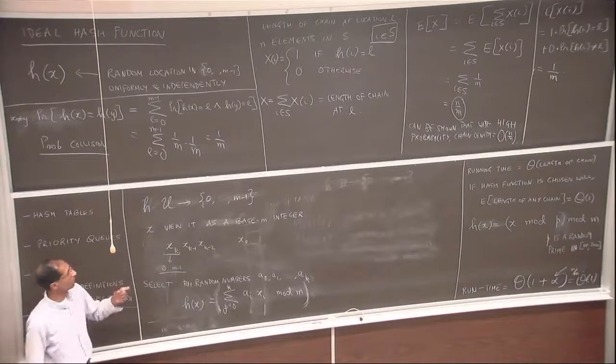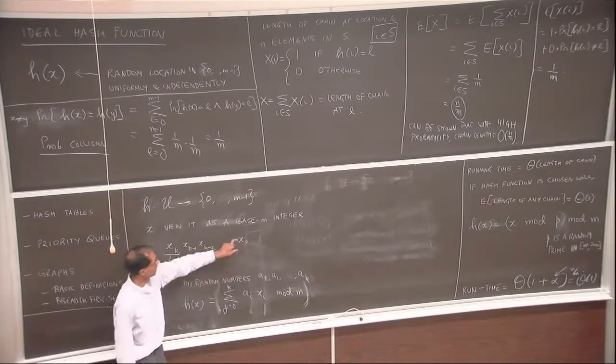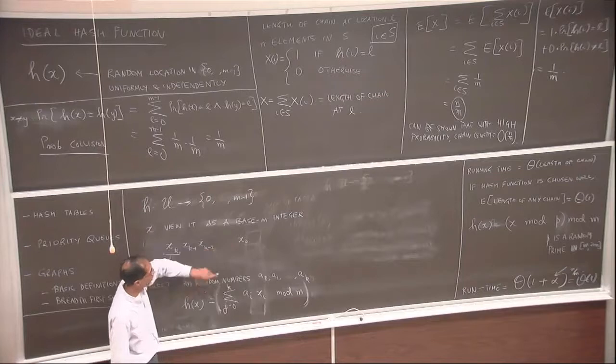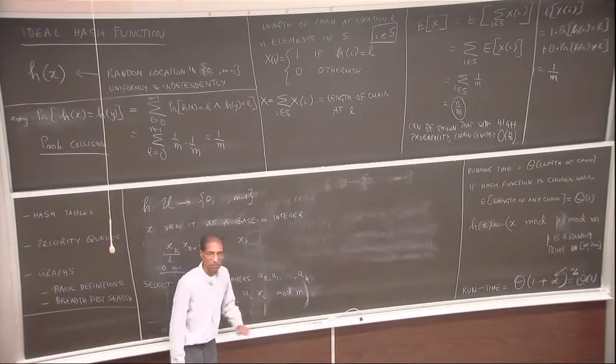So you take a0 multiplied by x0, plus a1 times x1, plus a2 times x2, but all of this we do in modulo m.